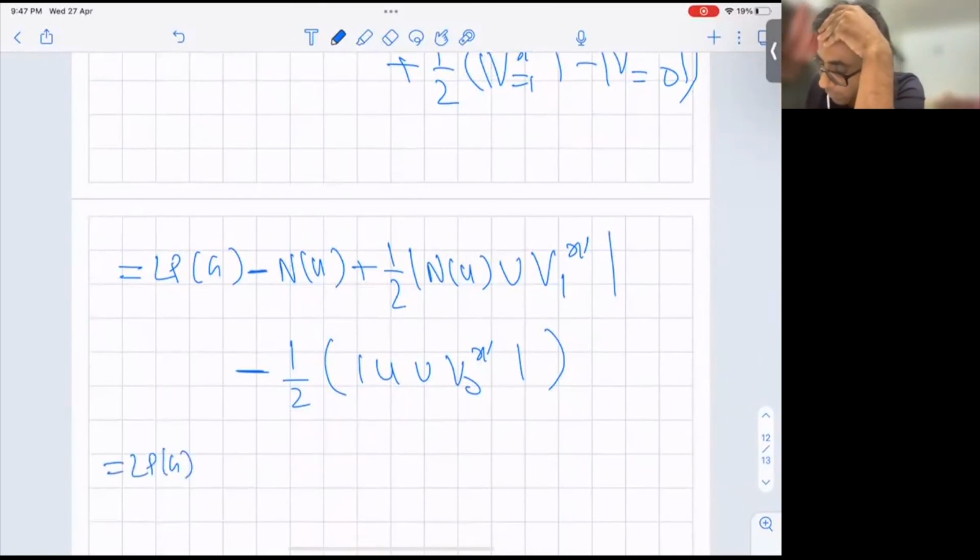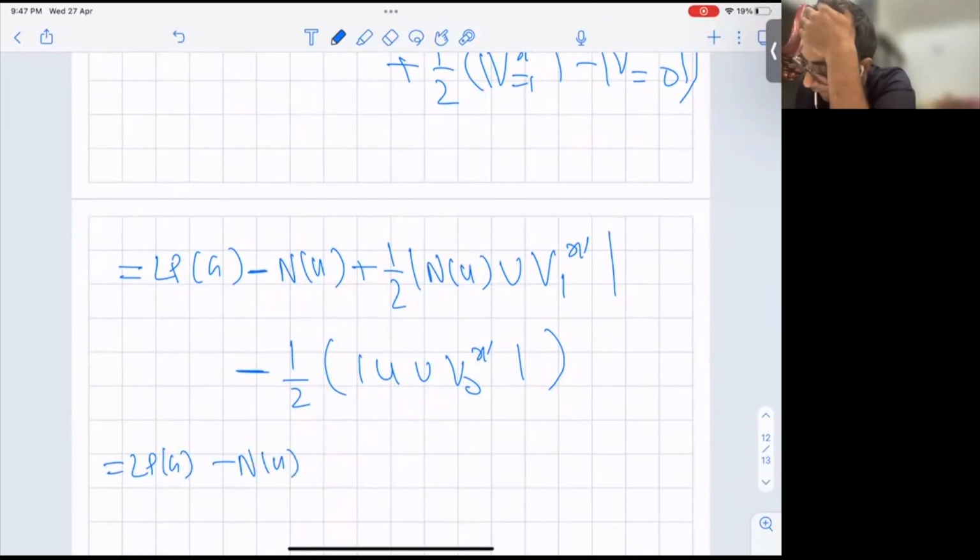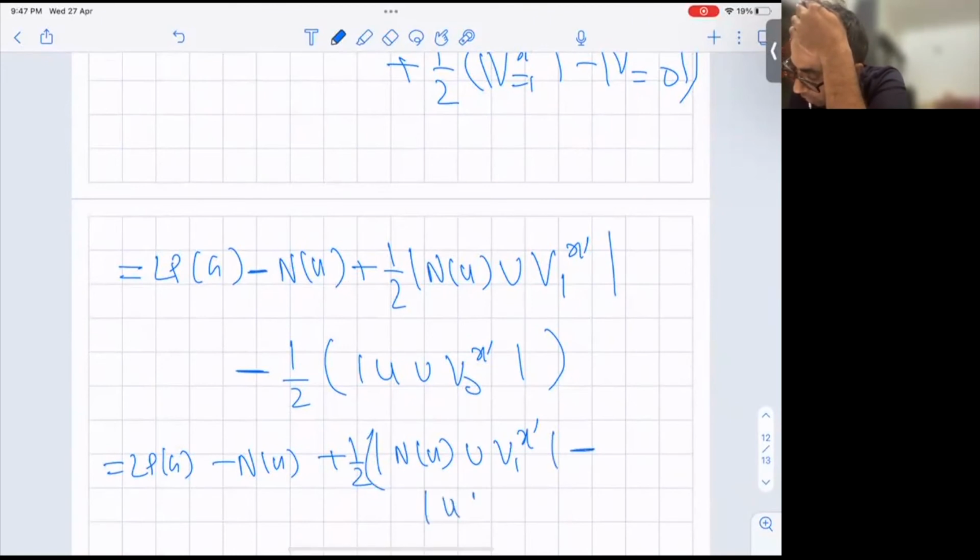Because what is this? LP of G minus N of U. If you take half common out, what is this now? It is N of U union V1 of X prime, minus U union V0 of X prime.